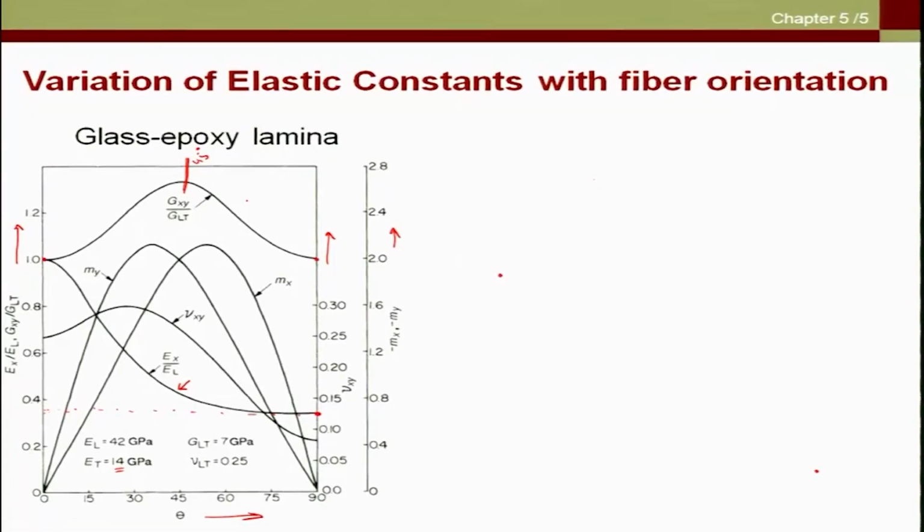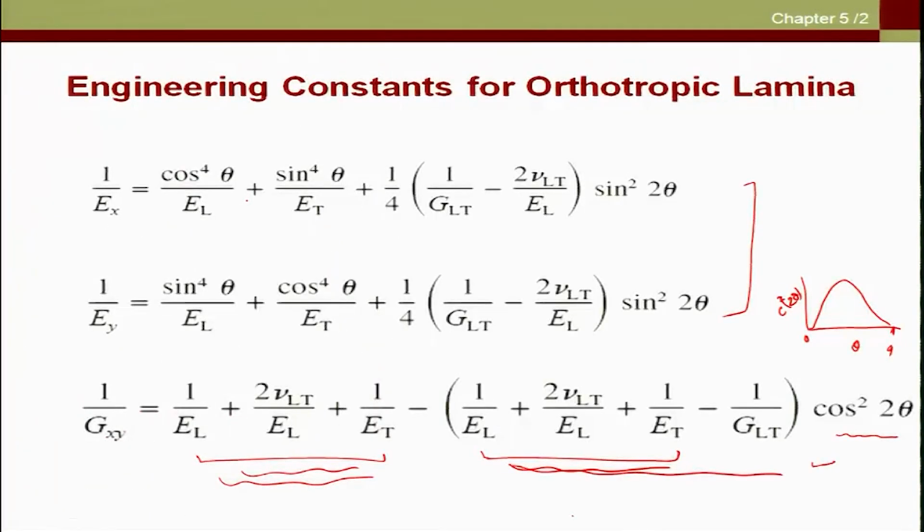And the reason for that, from a mathematical standpoint, is once again embedded in the equation for Gxy. This is the relation for 1 over Gxy. Now, this is a positive number, and this term multiplied by cosine square 2 theta gets subtracted from this positive number.